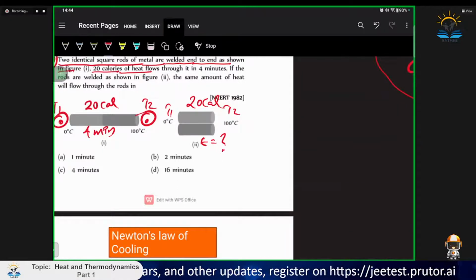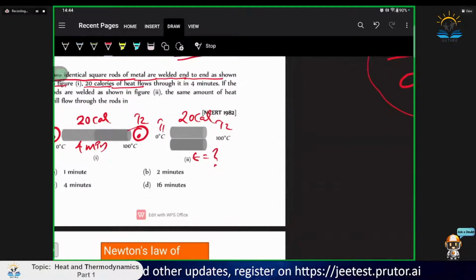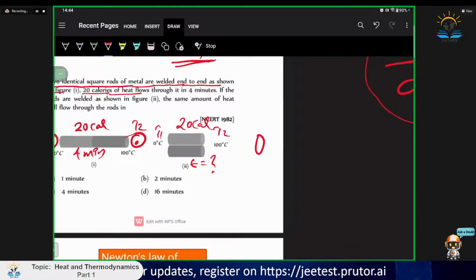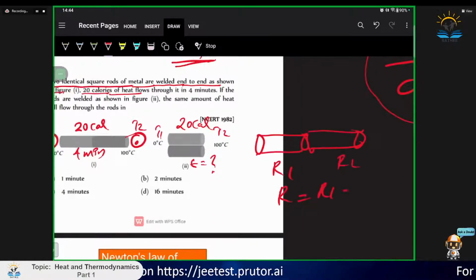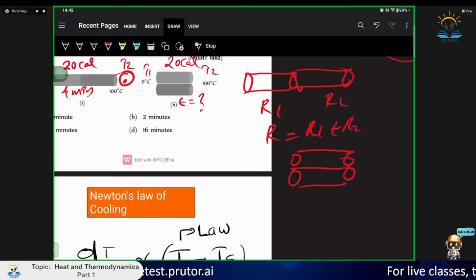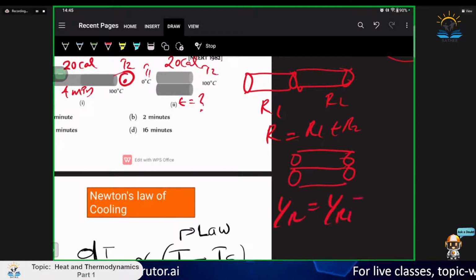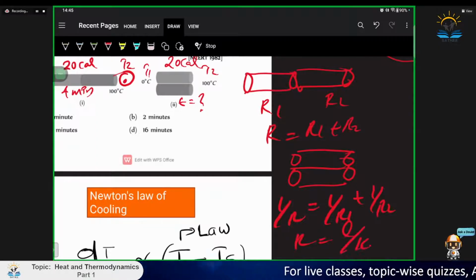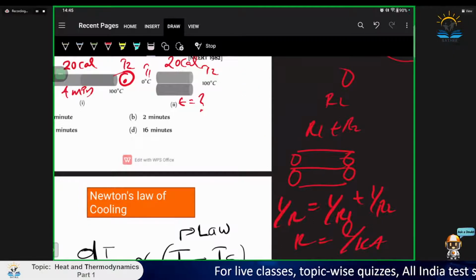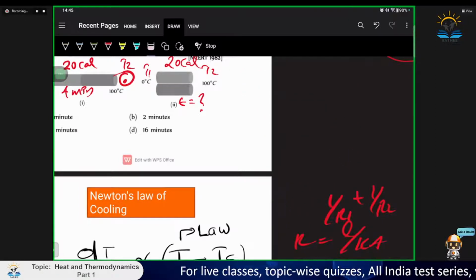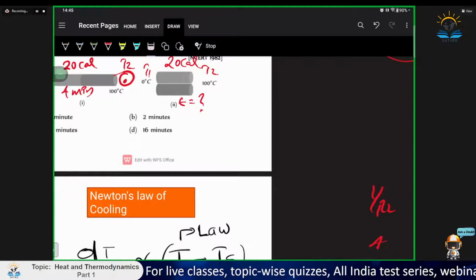In series connection, R is R1 plus R2. Okay. In parallel connection, 1 by R is equal to 1 by R1 plus 1 by R2 and R is L by K always.